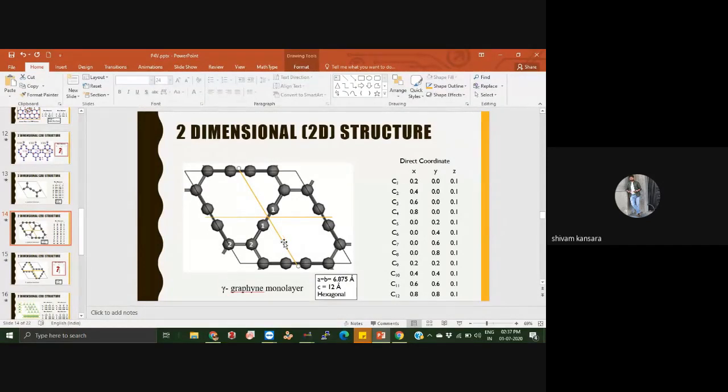This line is 0.5, the left corner is 0 and the right corner is 1. So the positions should be 0.2, 0.4, 0.6 and 0.8. Understood what I'm saying? This is the 0.5 horizontal line, the left corner is 0, the right corner is 1.